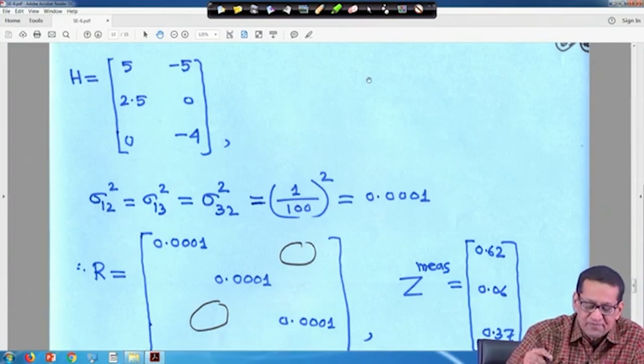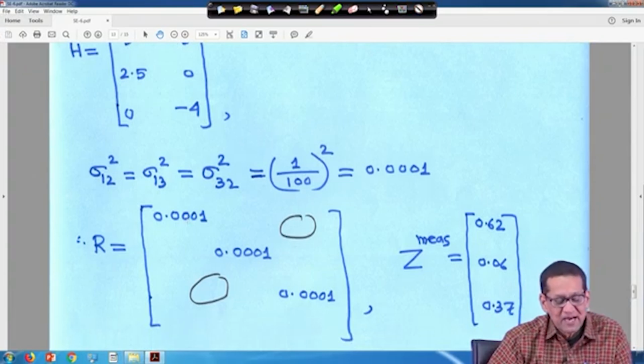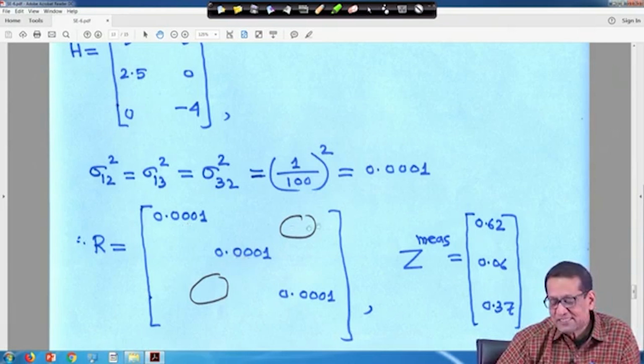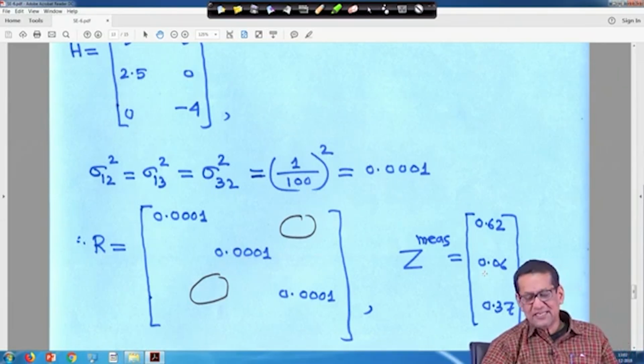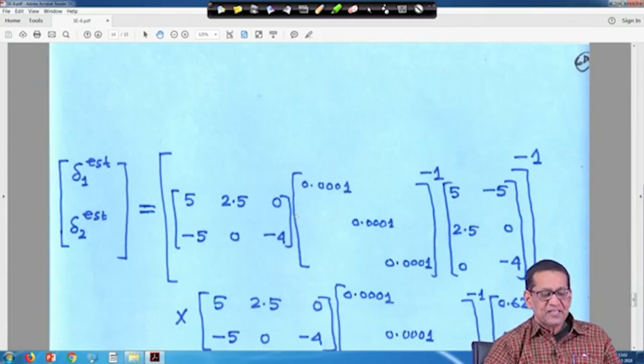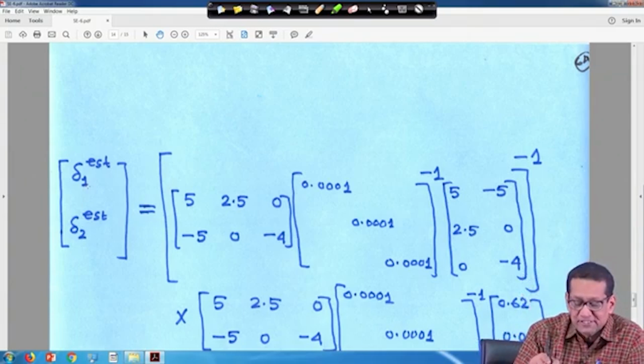Therefore, this is my R, with sigma 1 2 square, sigma 3 2 square on the diagonal, and all other elements are 0. And Z measured was already given earlier, the same data: 0.62, 0.06 and 0.37, right. And next, delta 1 estimated and delta 2 estimated, I told you that will be equation 27.